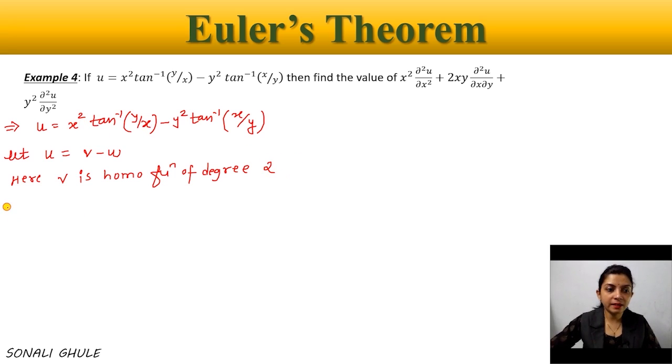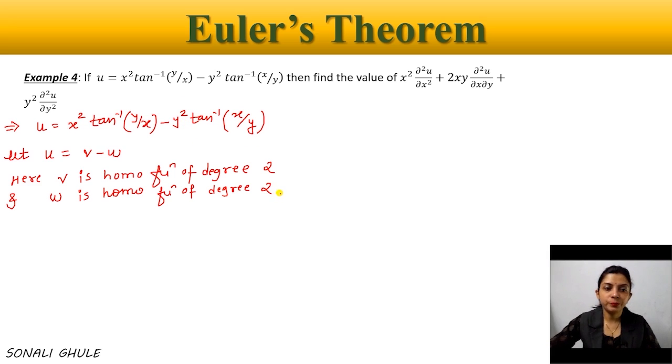And w is a homogeneous function of degree. Again here, what is the degree? If I put y equal to yt, x equal to xt, again t gets cancelled here, and t square remains.